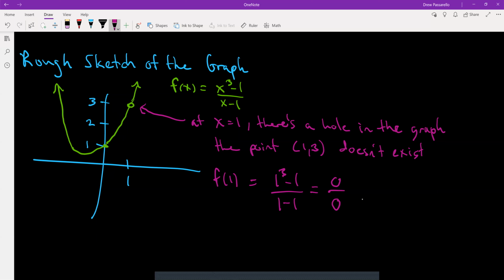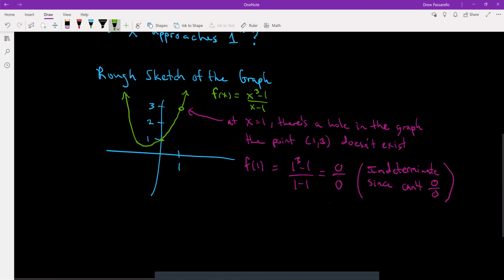This is called an indeterminate form, because you can't do 0 divided by 0. We don't have a true definition for what that is.